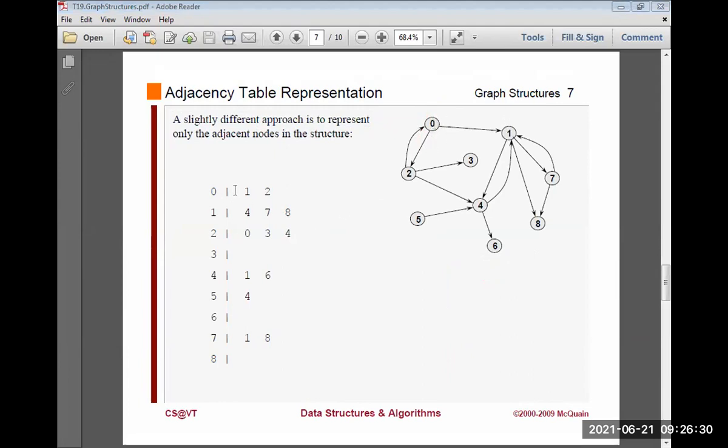So here you can represent 1 and 2. Then consider 1. 1 has direct paths to 4, 7, 8. 2 has 3 and 4 only. 2 to 0 is a path also. 3 has no outgoing, so 0 is represented. So this is another representation.